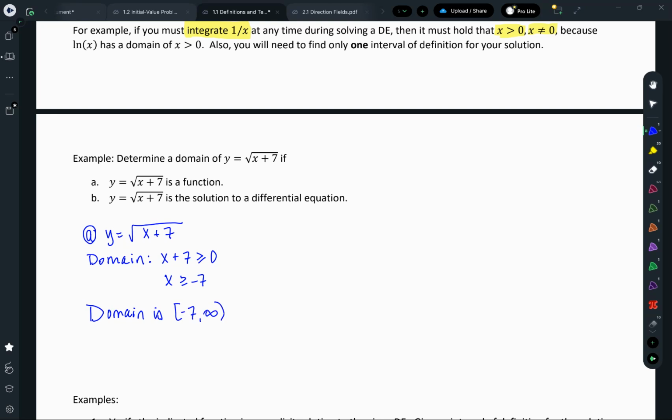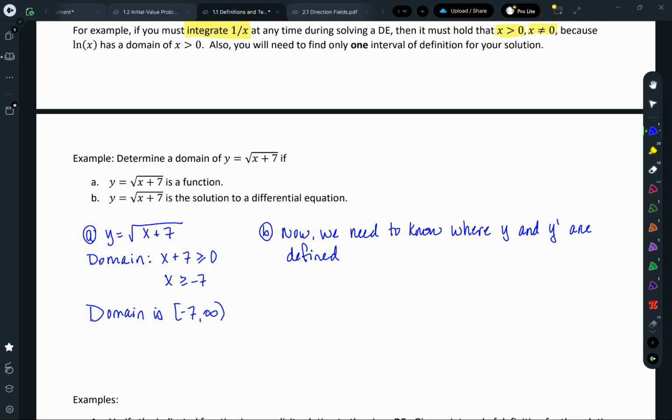But if this same function is a solution to a differential equation, that's part B, now we need to know where y and y prime are defined.